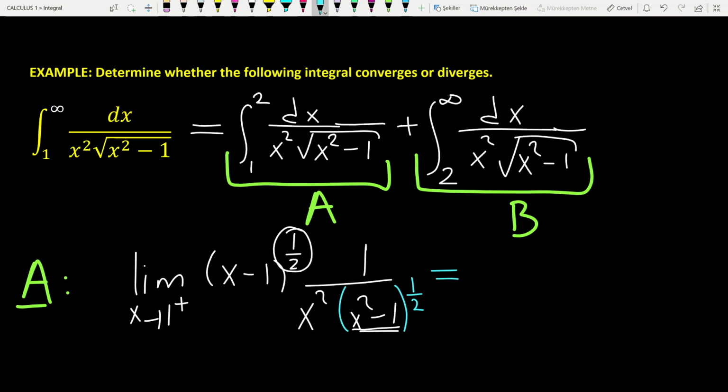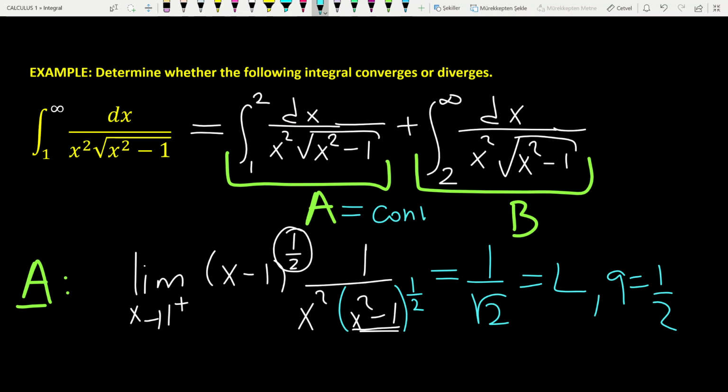If you simplify this limit, you get 1 over square root of 2. This is L. L is 1 over square root of 2, and Q is 1 over 2. By the limit comparison test for second type improper integrals, we say that A is a convergent improper integral.